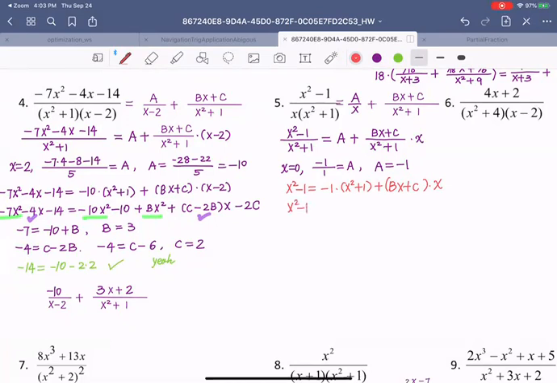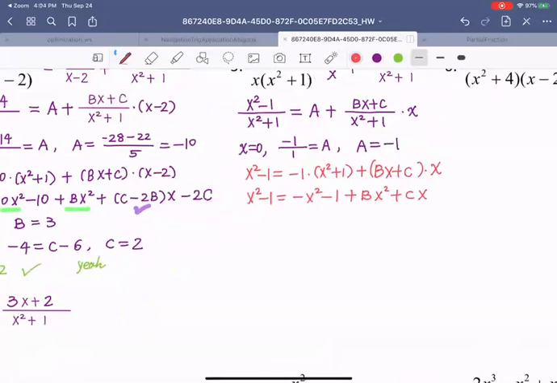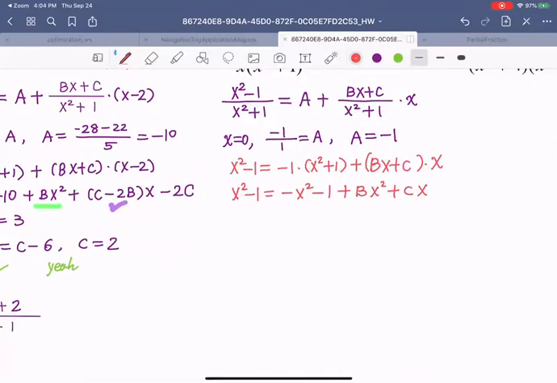This is x squared minus 1 equals negative x squared minus 1 plus bx squared plus cx. Okay, so x squared equals negative x squared plus bx squared. That means b equals 2, right? Yes. -1 is gone.